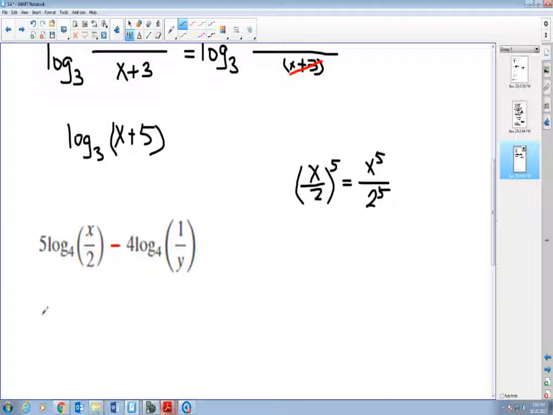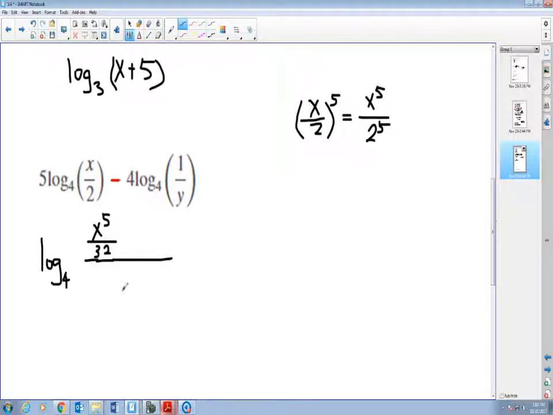So when I write my single logarithm, if I can see certain things ahead of time, I can just write this as a log with the base 4 of x to the 5th over 2 to the 5th, which I know 2 to the 5th is going to be 32. So I'm going to write 32, over 1 to the 4th.